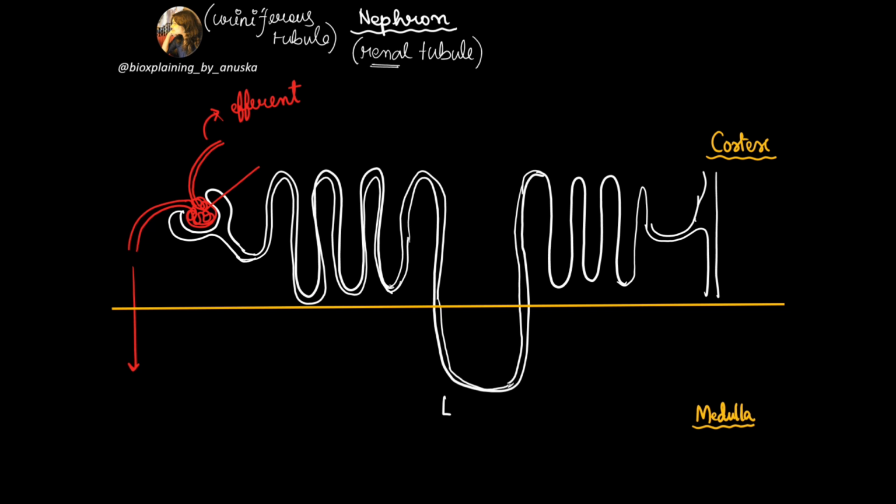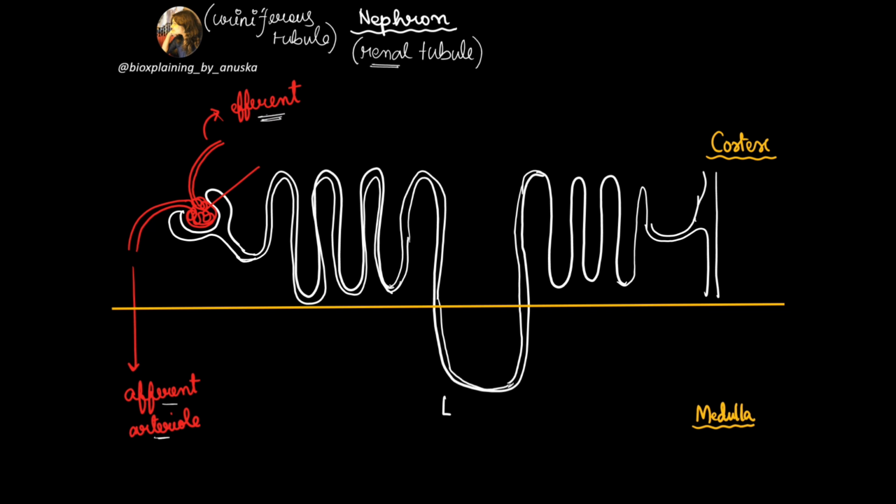The blood vessel which is bringing in blood is known as the afferent arteriole, and it is slightly wider than the blood vessel which is taking blood away from the nephron. That is known as the efferent arteriole. One structural aspect that we need to remember here is that the afferent arteriole is wider than the efferent one.